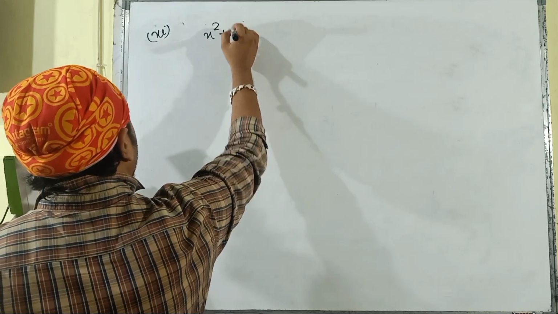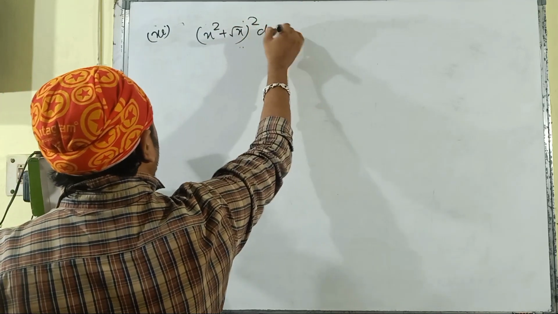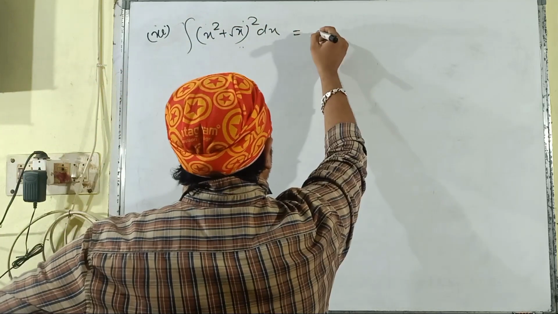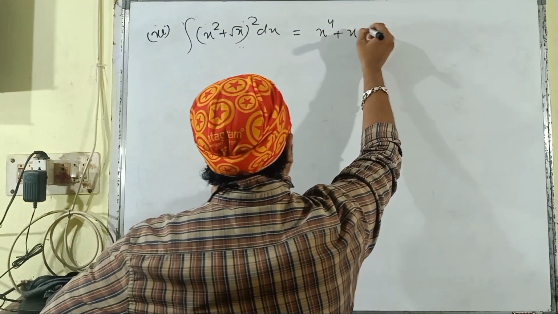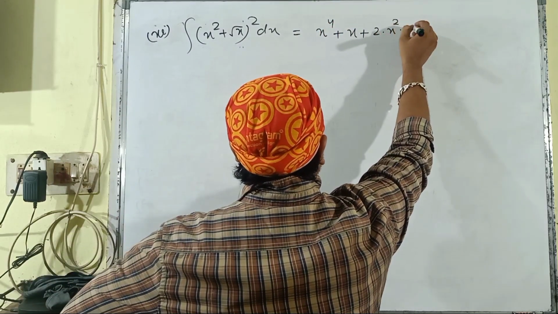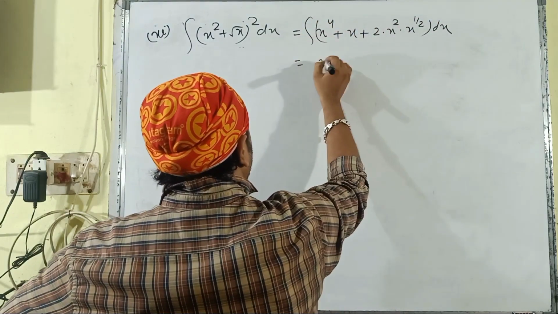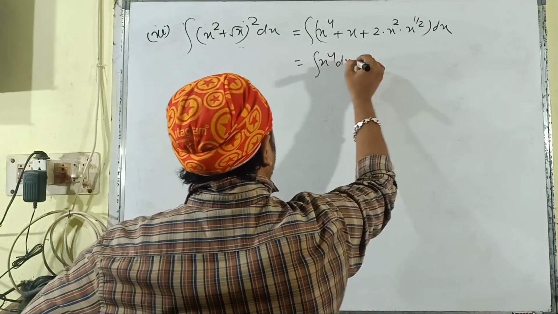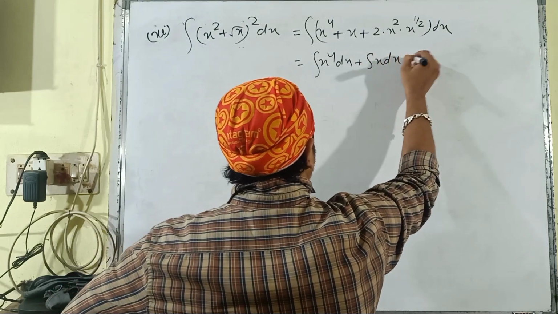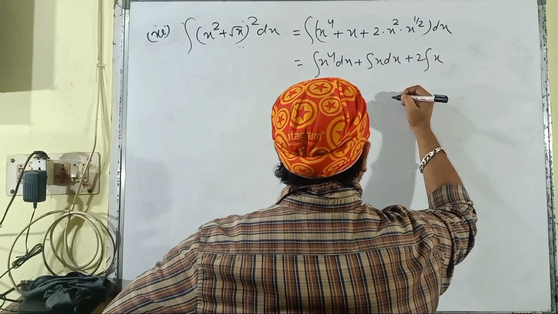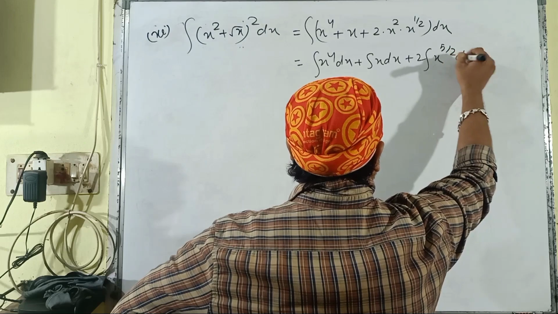Integral of the whole square of (x² + root x). Then it will be x to the power 4 plus x plus 2 into x square into x to the power 1 by 2. Then it is the integral of x⁴ dx plus the integral of x dx plus 2 multiplied with the integral of x to the power 5 by 2 dx.